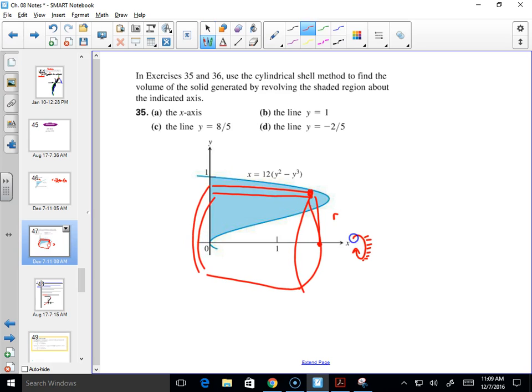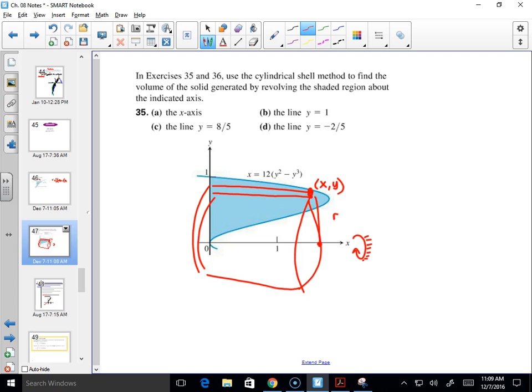So let's have it meeting right here at some x, y. What did you guys put as radius for A? It's the y value because it's the height of the point. And then what would the height be for my formula, RH? Yeah, the function, because it would be the function minus 0. So R is y minus 0, function minus 0 is height.